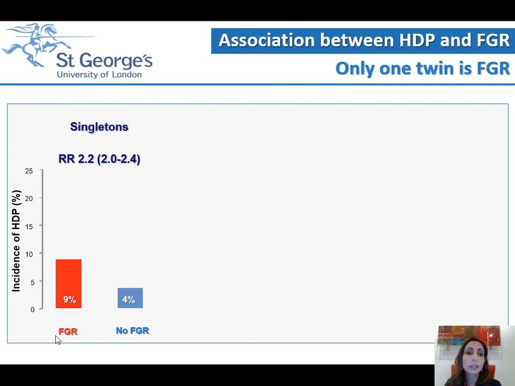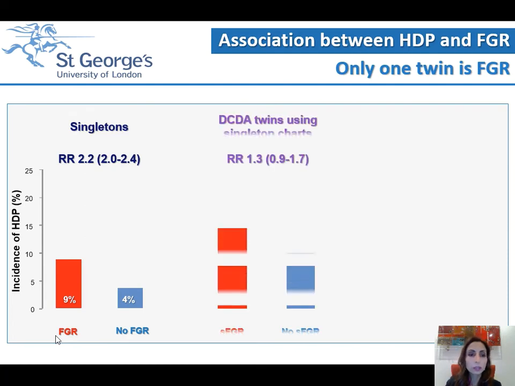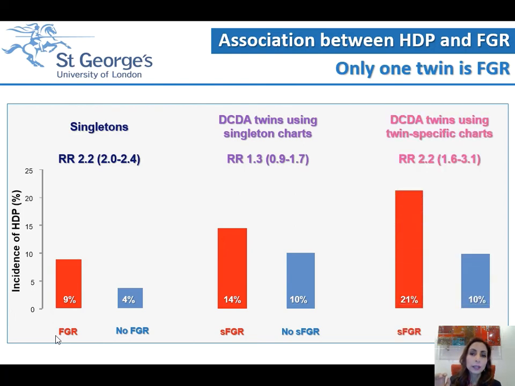And they also found a similar pattern when they looked at the risk of hypertension or preeclampsia in pregnancies with fetal growth restriction. So in singletons, twice the risk, and in twins, if you use singleton charts, you don't see a significant association, but if you use twin-specific charts, you see similar strength of association.